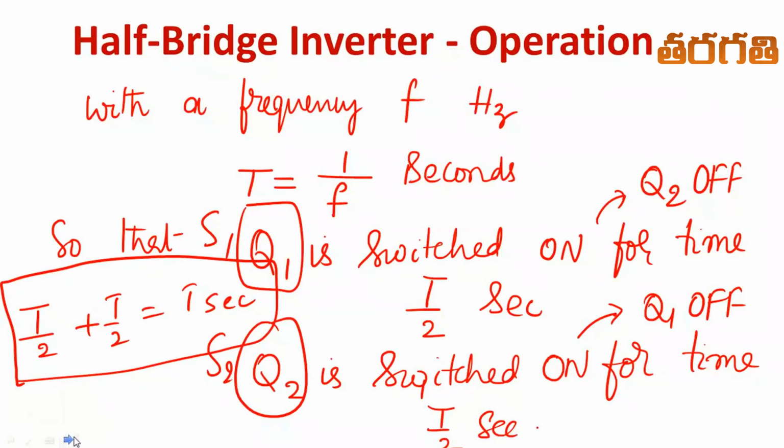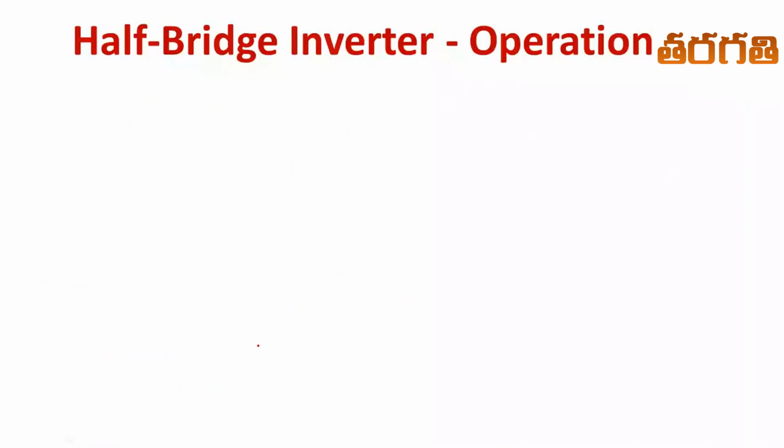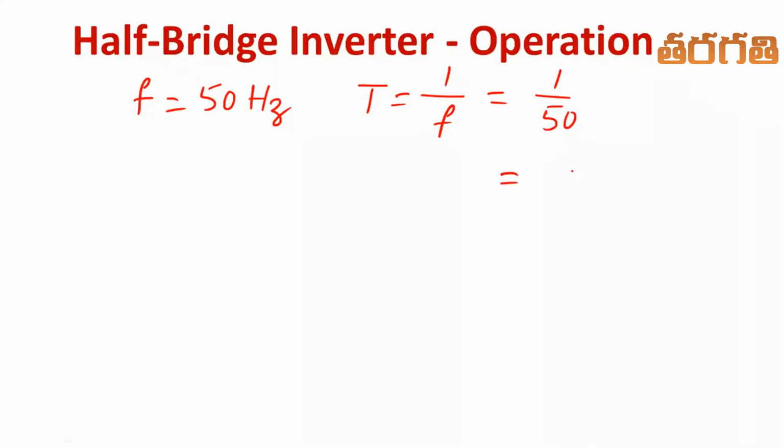Now, how do we apply this equation for a frequency of 50 Hz? In my house or in your house, you need an alternating voltage at a frequency of 50 Hz. So my frequency of operation will become 50 Hz. Then the time period is 1 by f, that is equal to 1 by 50. You know that 1 by 50 is equal to 20 milliseconds.